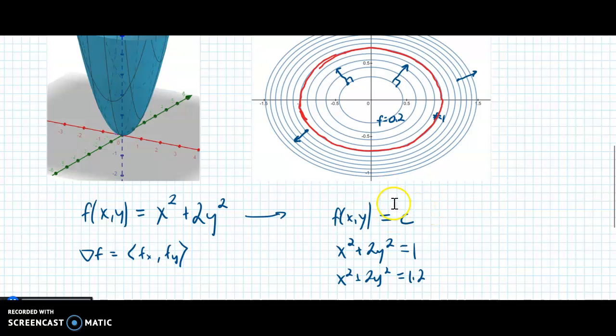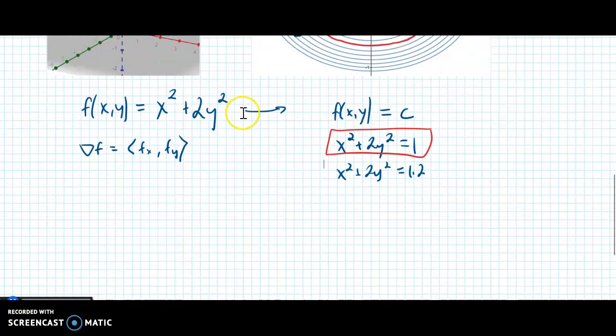Now what I want you to see is that I highlighted that one in red. That would be this equation right here. Now, that's not the only way that I can represent that ellipse. I can also parameterize it, right? I can write it with a parametric equation. In this case, that would be x equals cosine t, and then y equals root 2 over 2 sine t.